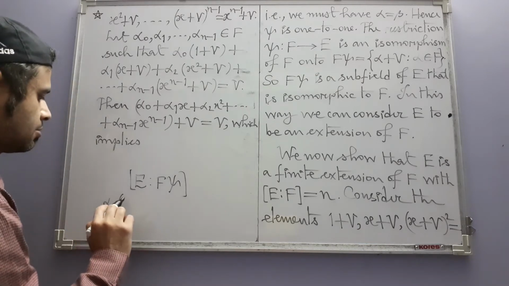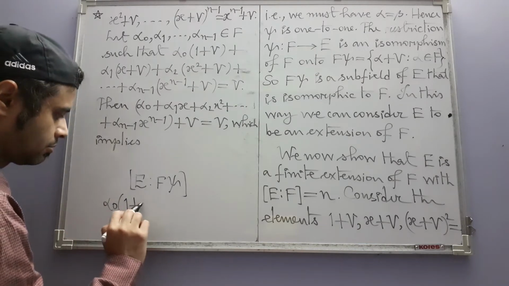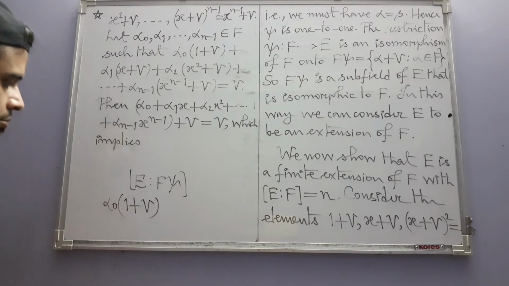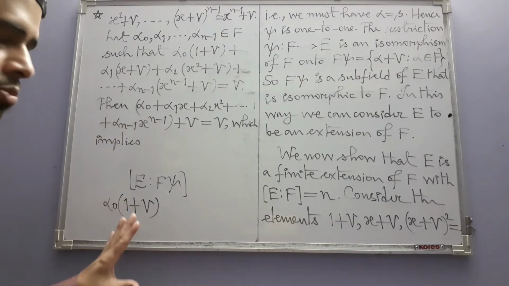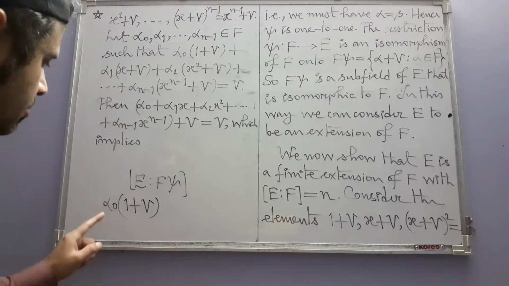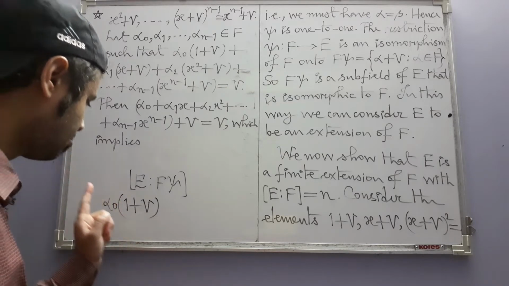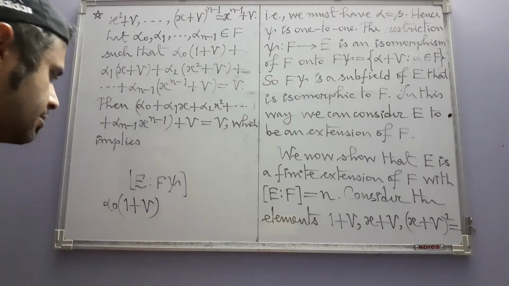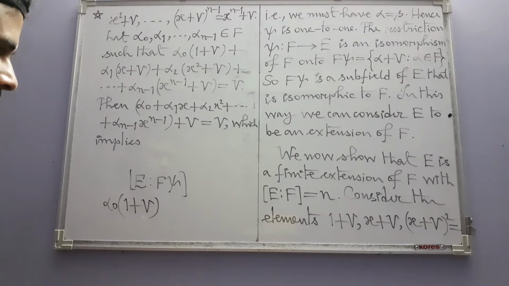what is this product? Does this product make any sense? What I am doing here is multiplying a coset by a scalar. What type of multiplication is that?